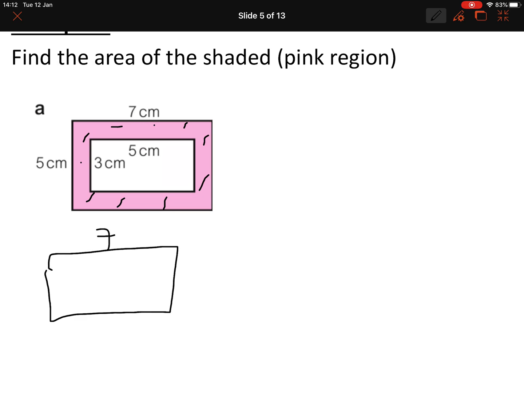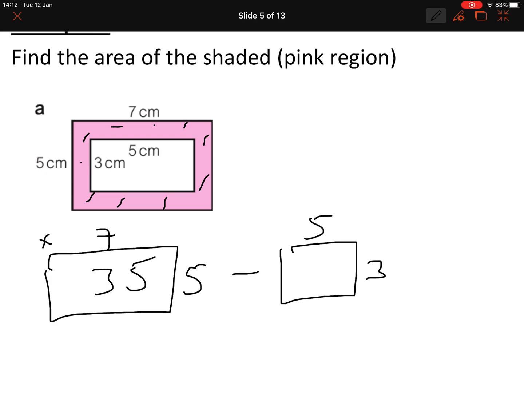All I've got to do is find the area of my big rectangle, which is 7 by 5. 7 times 5 is 35. And you subtract the area of the rectangle that you see on the inside, which is 5 by 3, and that's 15.